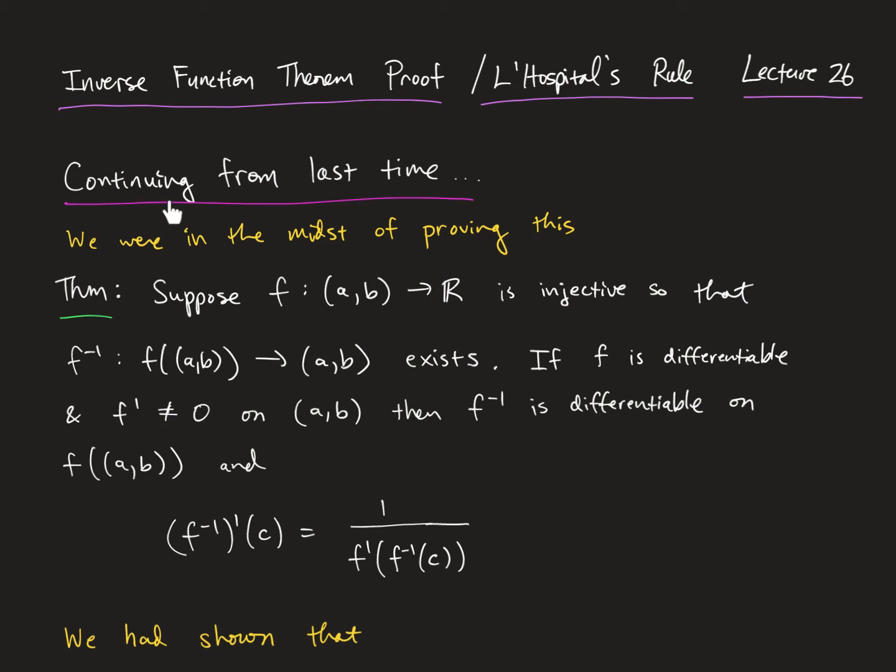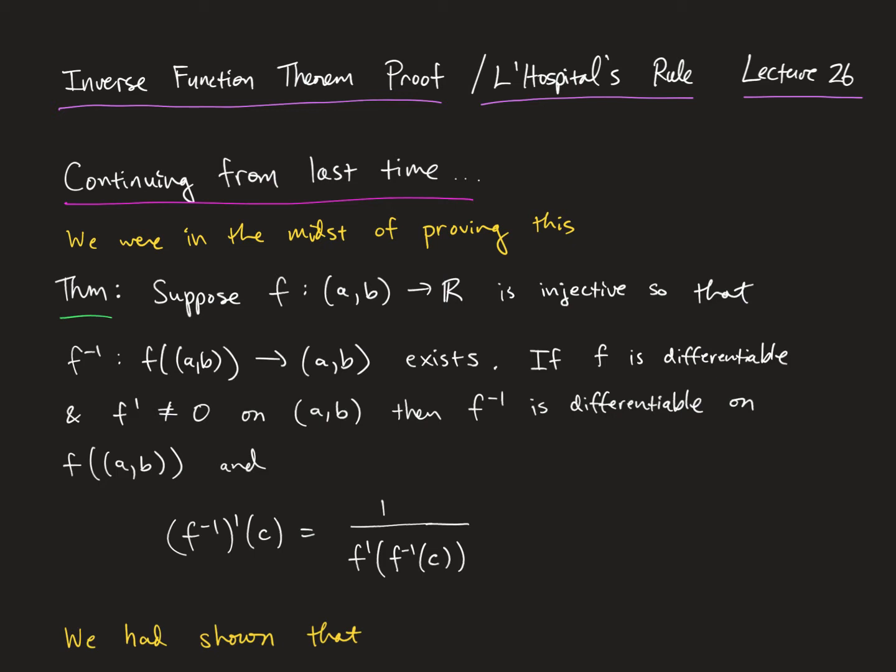All right, anyway, so continuing from last time, we were in the midst of proving a theorem. The theorem was this one. We have an injective function on an interval, and so we have an inverse function on the image of that interval. And we're supposing that our function is differentiable and the derivative is never zero on this interval.